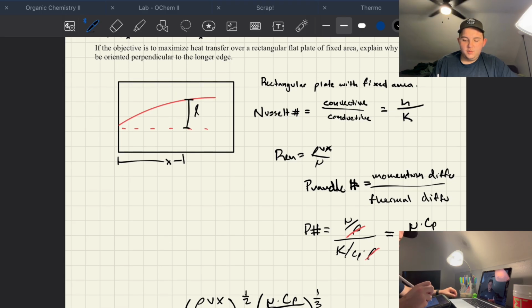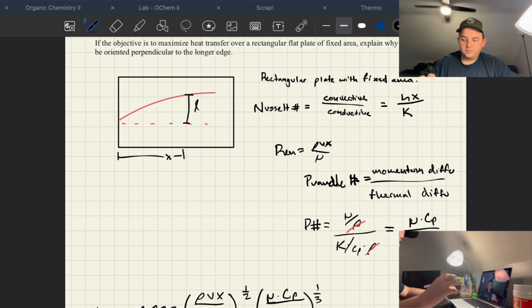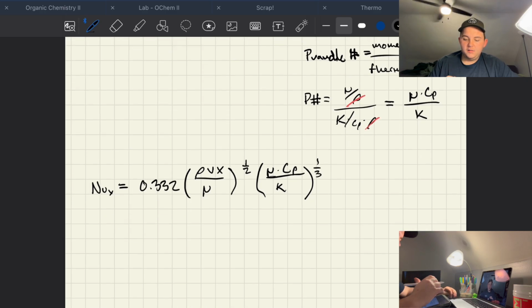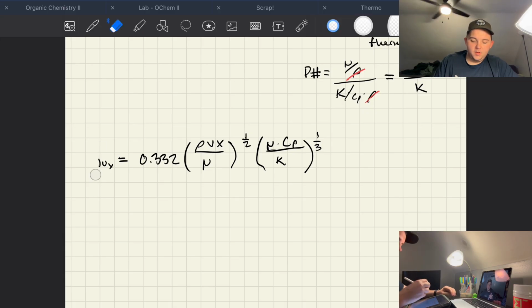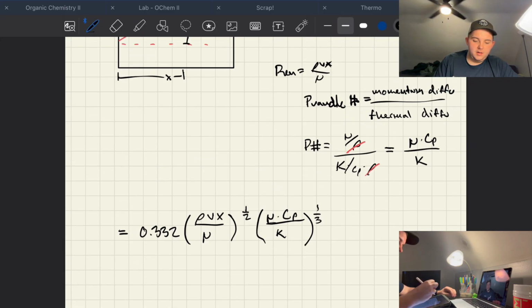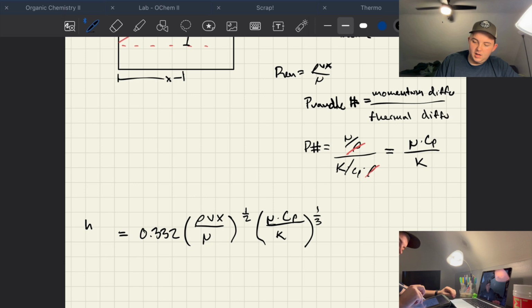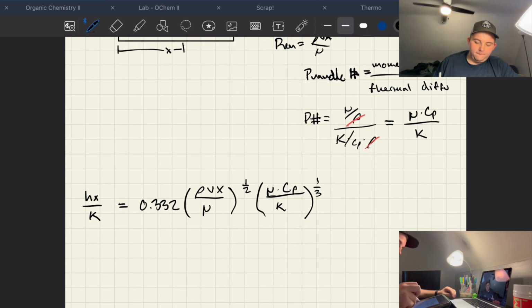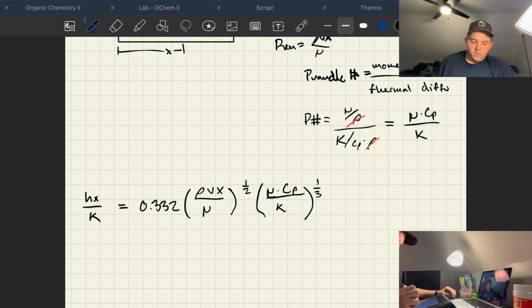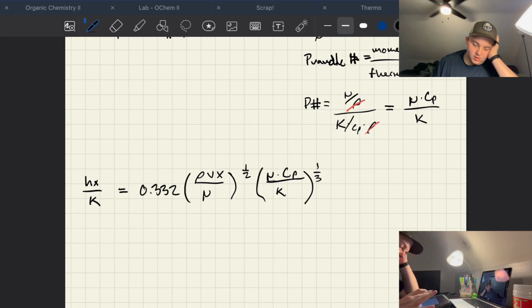And then since we're going to have to multiply that by our length, or not our length, our x here that I defined as x, for the convective. So we're going to have hx over k.